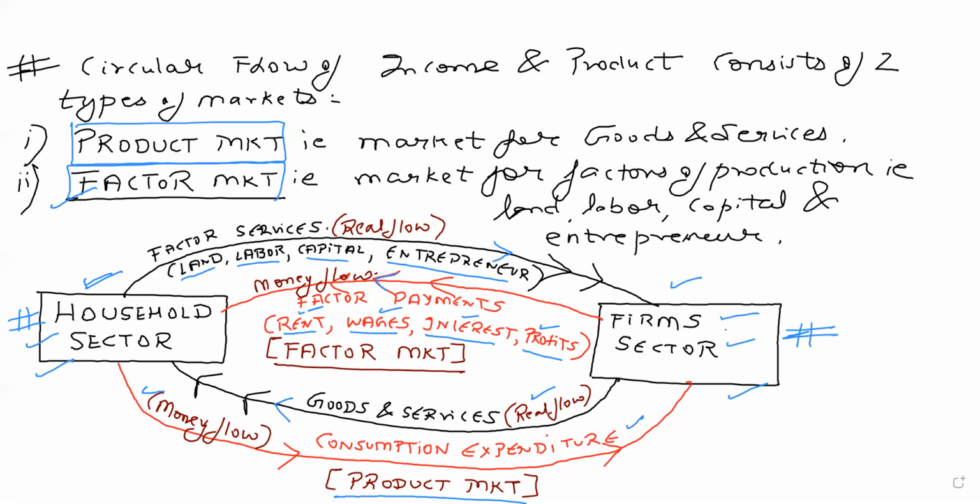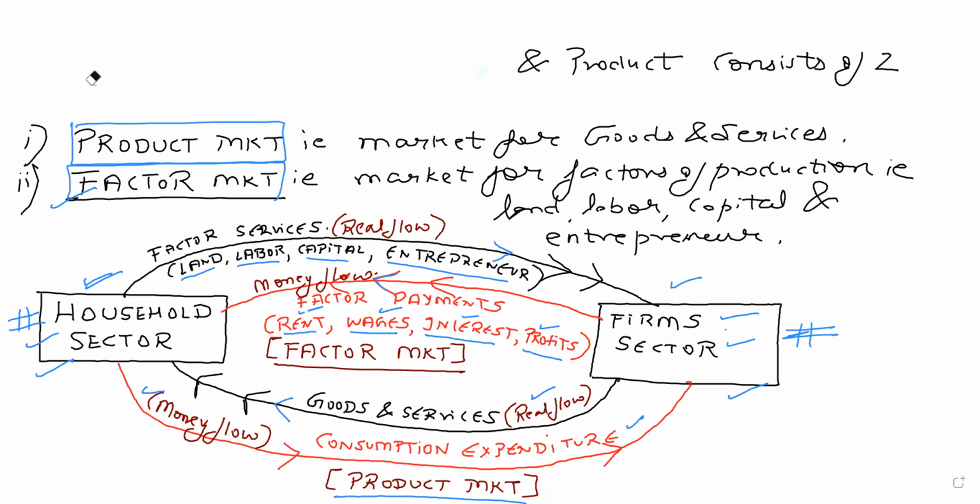I hope that all students have understood this diagram and have no doubts in this particular diagram. Okay, students, let's move forward. After having drawn the diagram for circular flow of income and product, now we look at a very important concept within this topic, which is called leakages and injections to circular flow of income and product.